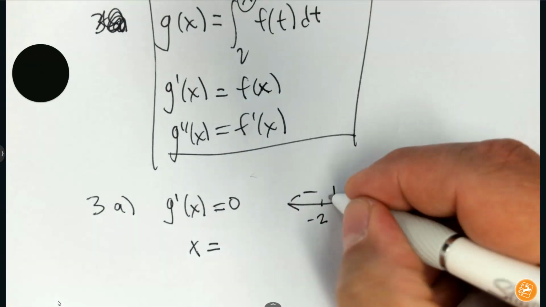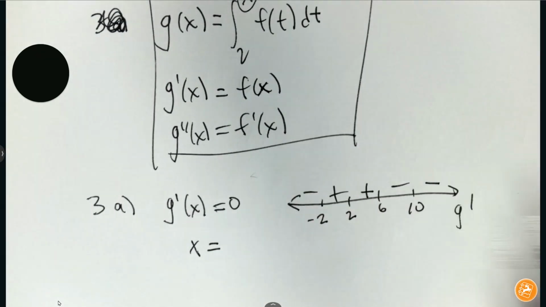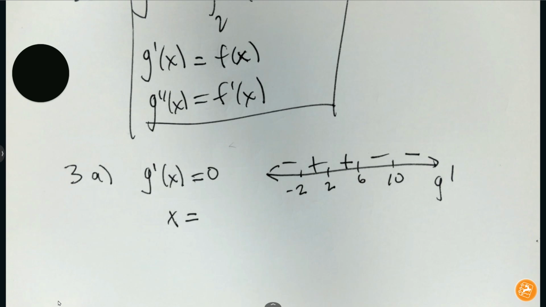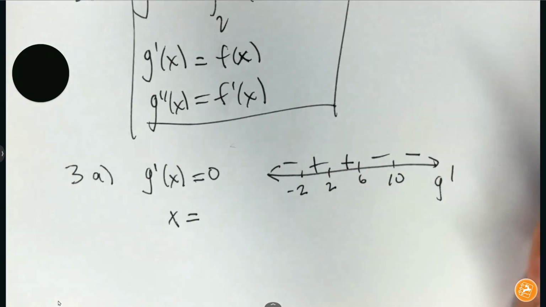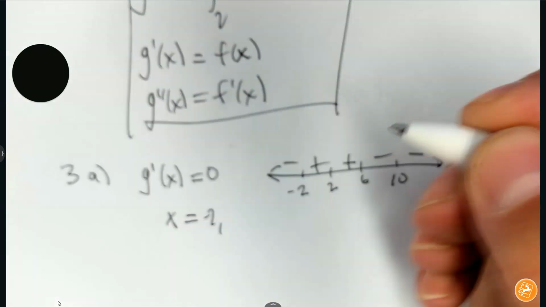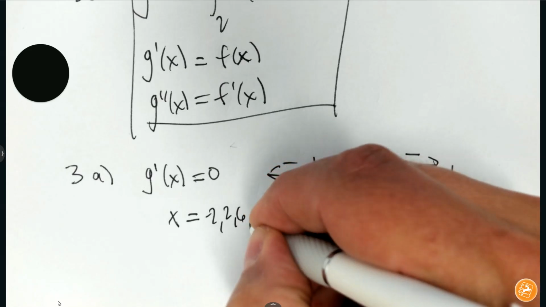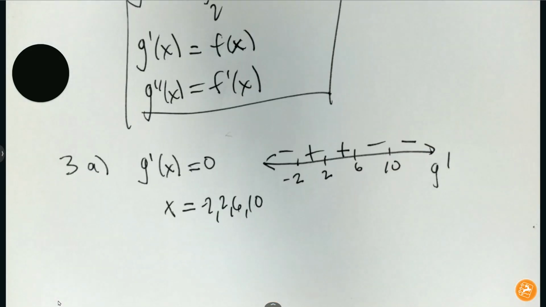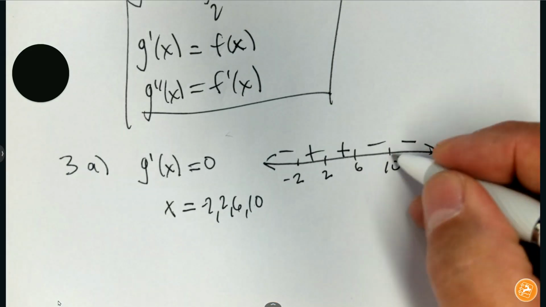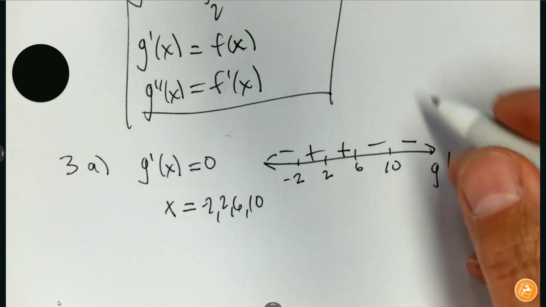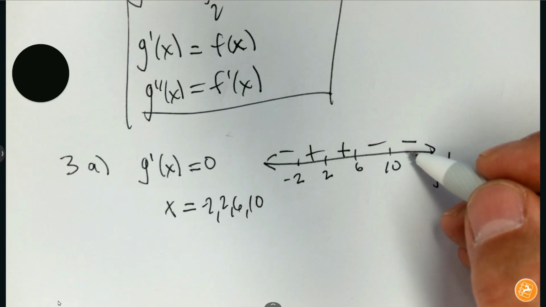So again, it's negative, positive, positive, negative, negative from the graph, above and below. So at 10, what do you notice at 10? Is it a maximum, a minimum, or neither? And do you see there's no sign change?